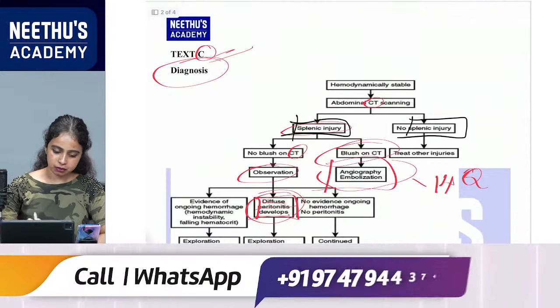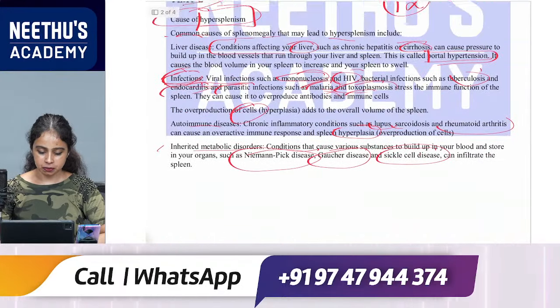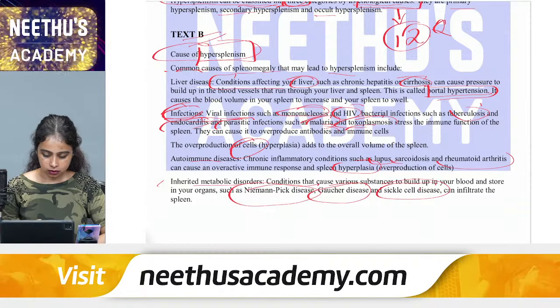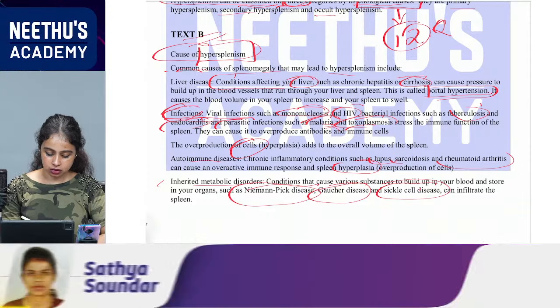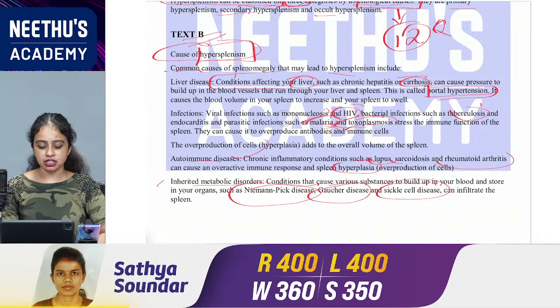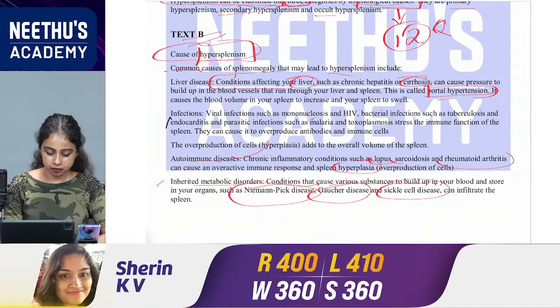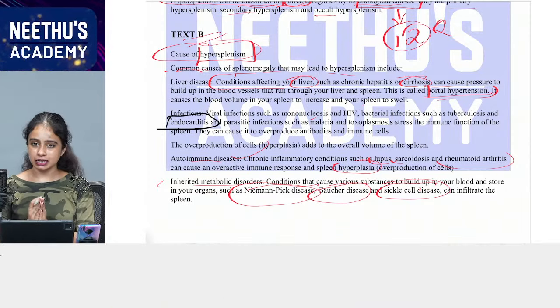Which is from B, and that answer is endocarditis. From infections, it's all about endocarditis. The answer should be endocarditis, and that is the correct answer.